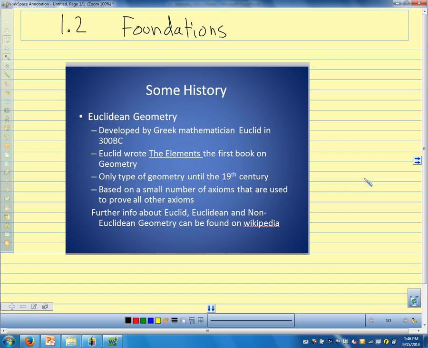Euclidean geometry was the only kind of geometry that we knew until the 19th century, and then we figured out that there are other kinds of geometry possible. And the nice thing about geometry is it's based on, we'll talk about what an axiom is in just a few minutes, but we start with a few basic ideas, and then we build on those using logic.